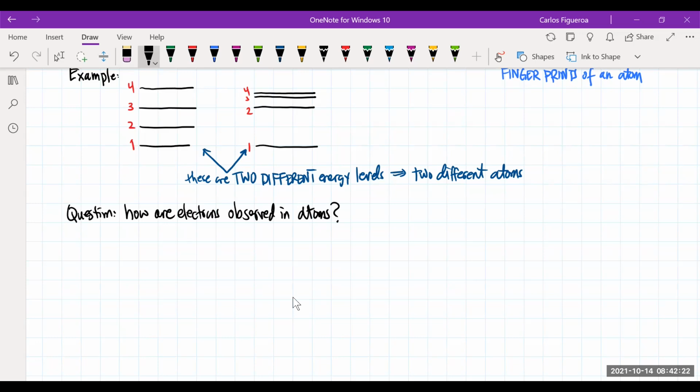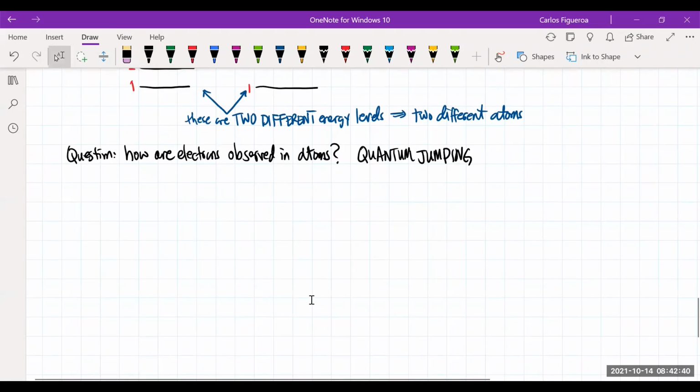And the answer is quantum jumping. This is the best experimental evidence that we have. So to explain quantum jumping, we're going to have to do a series of observations here.